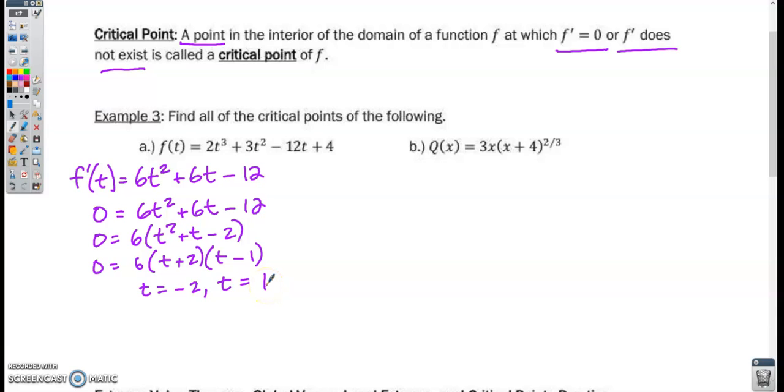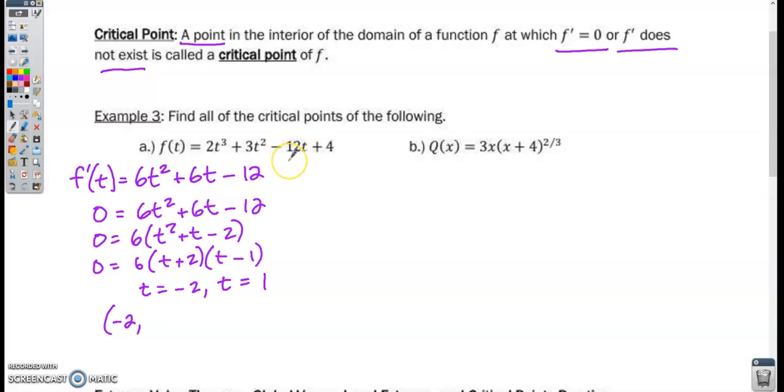And so when we're talking about critical points, these are the locations of the critical points, but the critical points themselves are points. So I'm going to take these t values and plug them back into the original function and see what the y-coordinate is to get the full critical point. I substitute -2 in here. That's -16 plus 12 is -4.